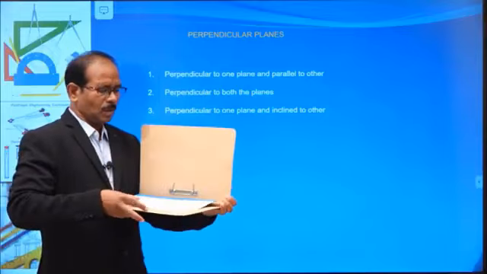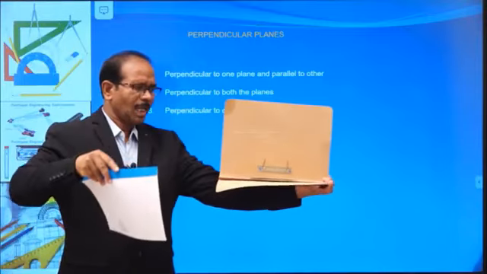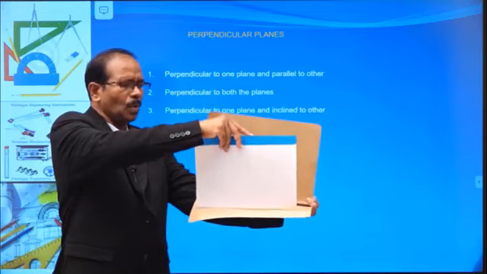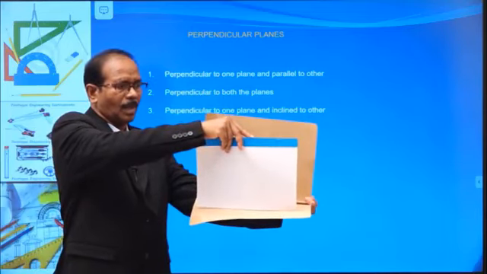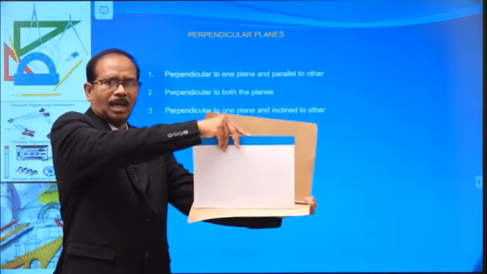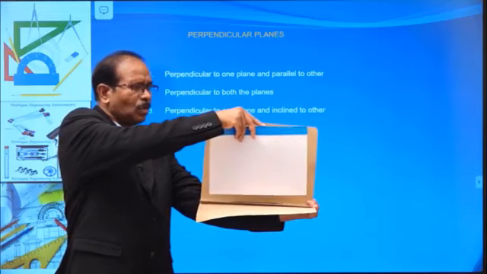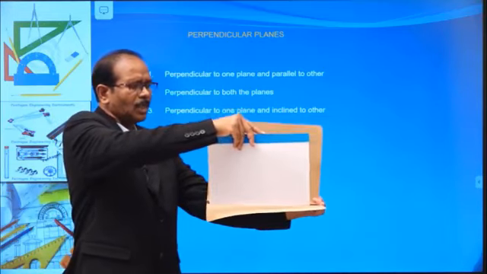Let us observe. Consider a plane in the first quadrant, perpendicular to the horizontal plane and parallel to the vertical plane. The front view gives the true shape of this object. Say four corner points are there.